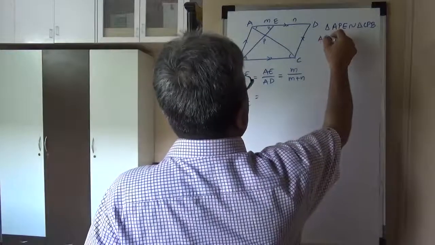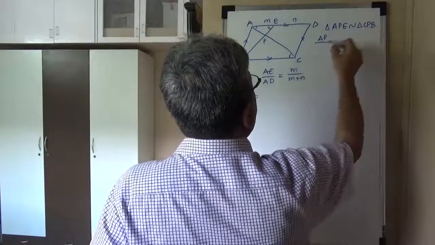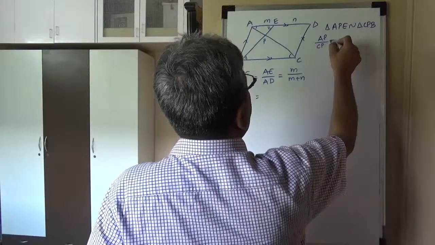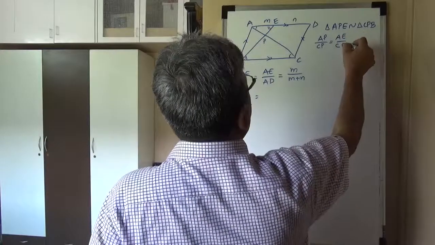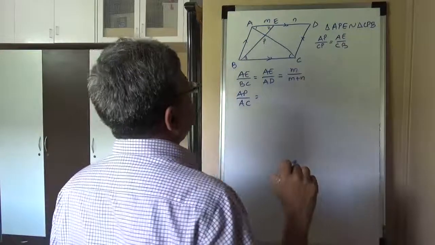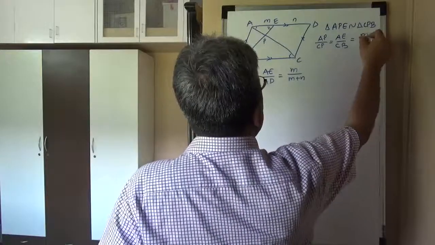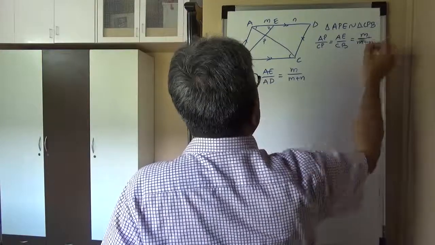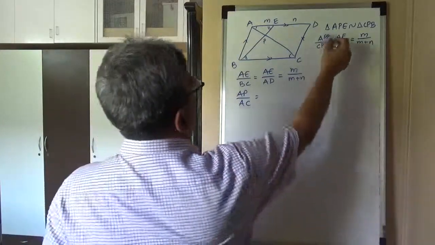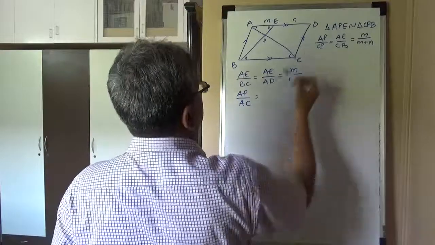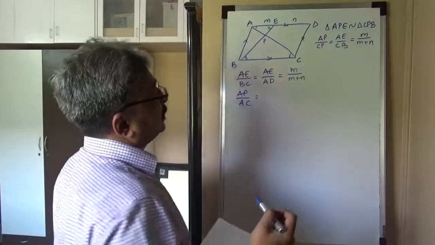Therefore AP upon CP is equal to AE upon CB, and AE upon CB, which we have found out just now, is equal to M upon M plus N. AP upon PC is this length, and AP upon AC is asked.